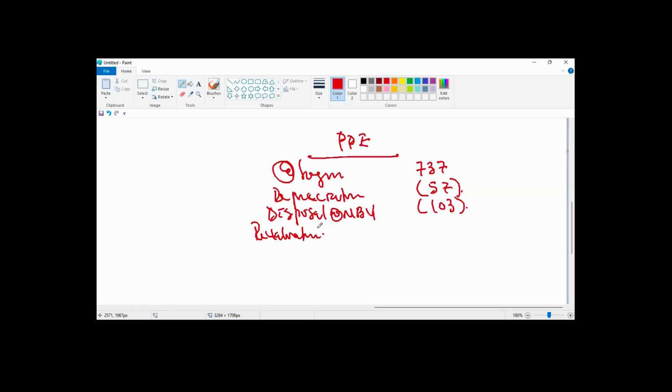What is at the beginning? What is at the end? In the equity side, there's revaluation. At the beginning it was 60, at the end 160. So that means the revaluation is 100.